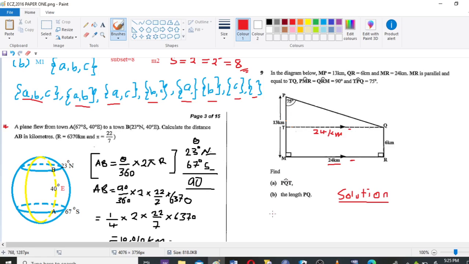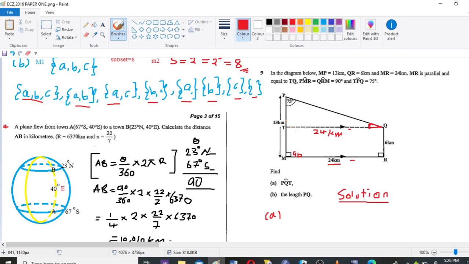And so question A, we have been asked to calculate the value of angle PQT. That's this angle here, so this is the angle at Q. So how do we solve this one? Using the properties of when two parallel lines are cut by a transversal line, you are able to tell that what we have here is 90.